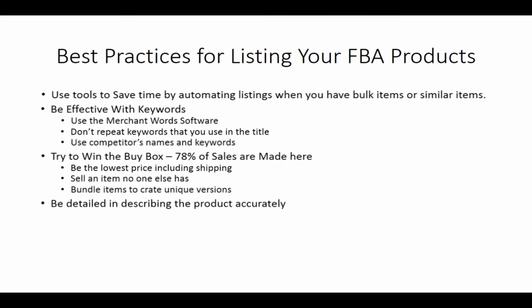Now, one of the best practices of FBA sellers is being very detailed and complete in their product description. Again, we talked about the fact that you want to be careful not to overuse keywords, particularly in the description, especially when you've used them in the title, but you do want to be very detailed and describe your product accurately. You want to make sure that the buyer knows exactly what they're getting. At the same time, you want to give your buyer the maximum opportunity to find you.